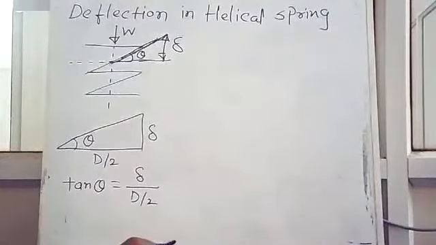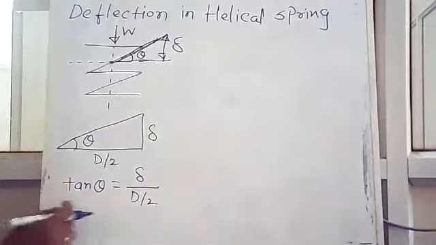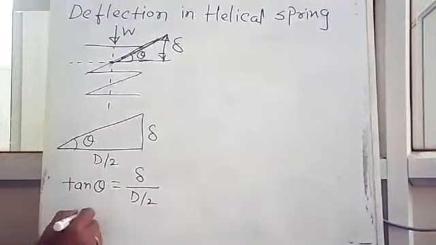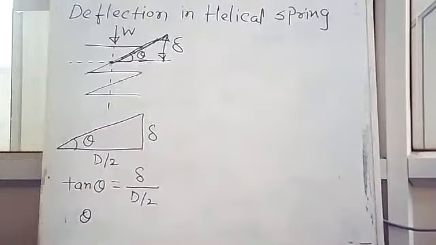Deflection can be relate with the angle of twist. Okay, so angle of deflection or angle of twist of the wire because of the load W, that can be relate like this. For small angle of theta, tan of angle, generally we consider it as a theta.